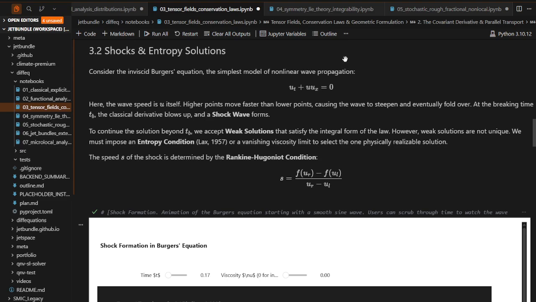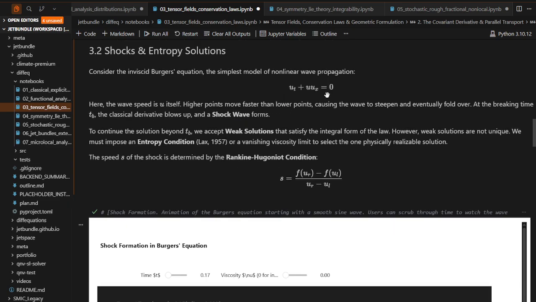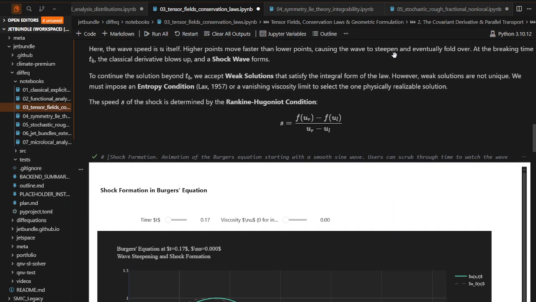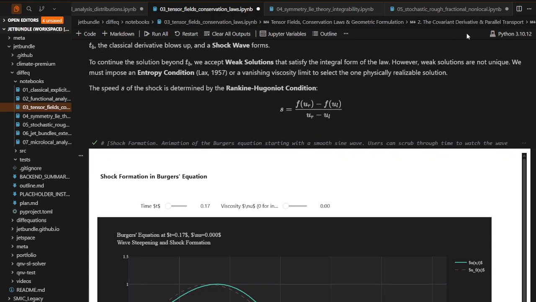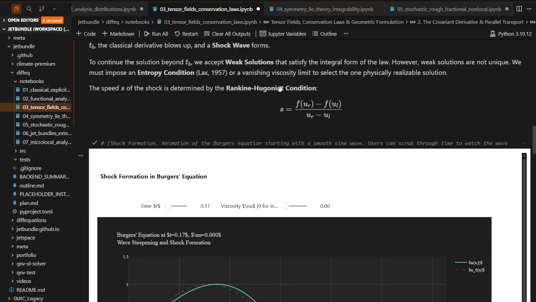But we pick the physical one via the entropy conditions that were discovered by Lax in 1957, or vanishing viscosity. The shock speed S follows something called the Rankine-Hugoniot condition. Hopefully I said that right.